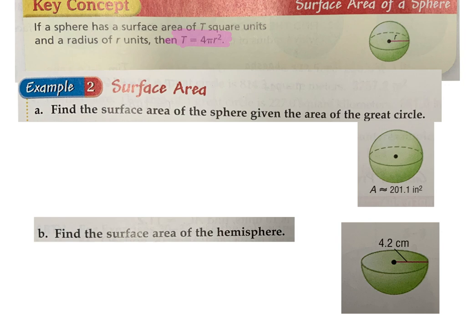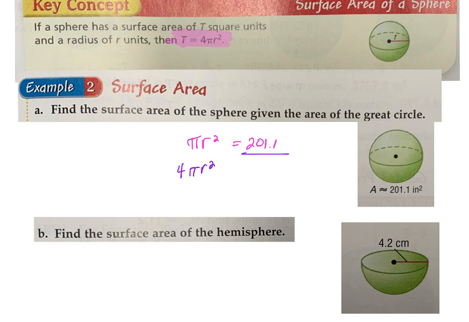Find the surface area given the area of the great circle. What is the area formula for the great circle? What's the area formula of a circle? Pi r squared. We know that pi r squared equals 201.1. What's the formula for my sphere? 4 pi r squared.